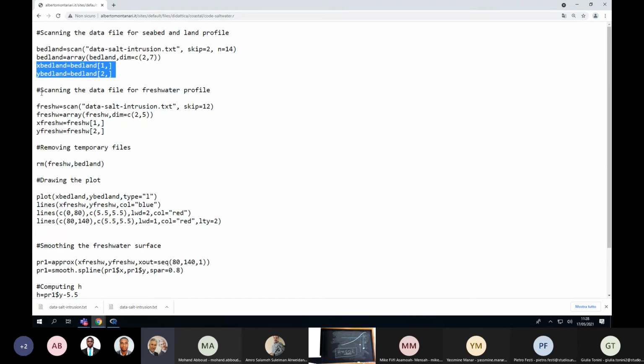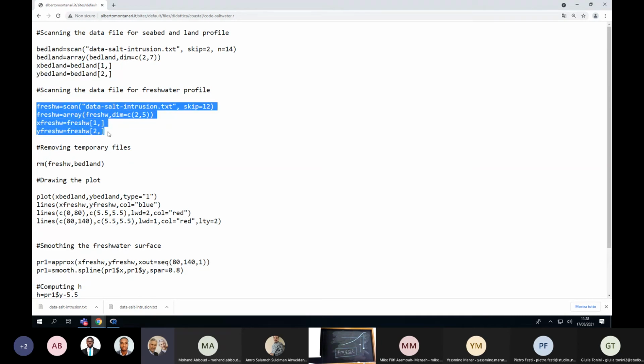And then for the freshwater profile, I do the same thing here. So these 2 groups of instructions just serve the purpose of putting into a matrix the X and Y coordinates of the bedland and the freshwater.